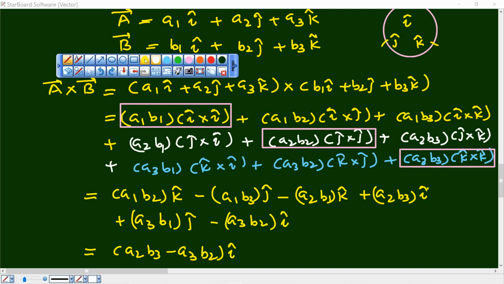Plus, now J cap: A3 B1 is plus, and A1 B3 is minus J cap, plus K cap (A1 B2 minus A2 B1) K cap.